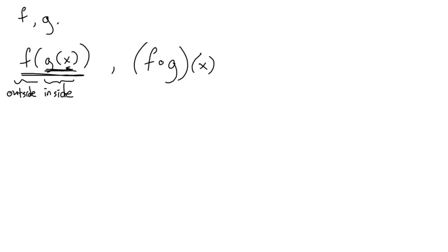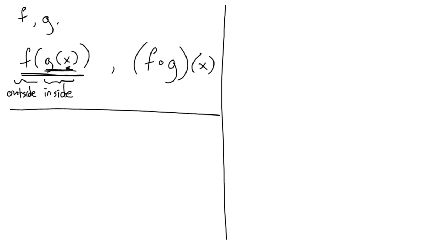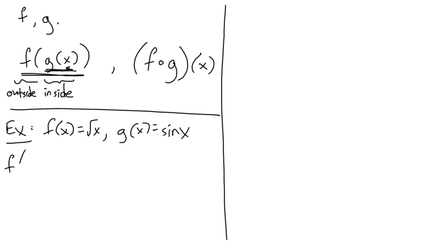So before we decompose, let's make sure we know how to compose functions. Suppose we have these two functions. Maybe f of x equals square root x, and g of x equals sine x. How can we compose these? Well, when I write f of g of x, what I think is that I take g of x, the whole thing, sine x, and I stick it inside f. So you don't want to think of f of x as square root of x.